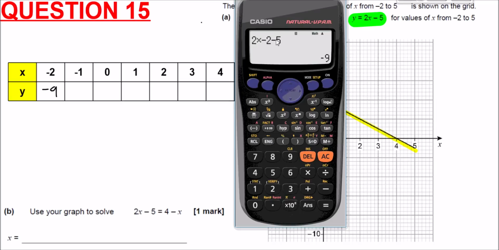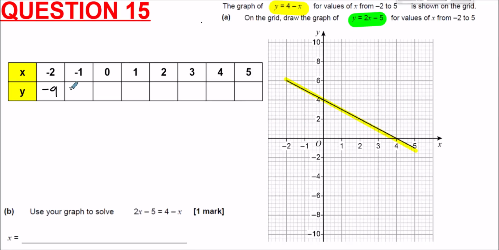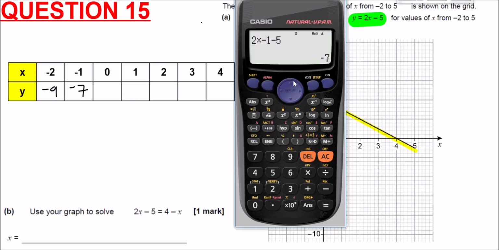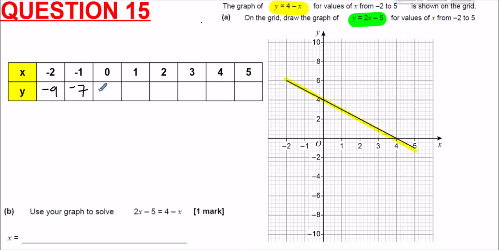When x is minus 1, we can just take out minus 2 and put in its place minus 1, and we get minus 7. When x is 0, take out minus 1, put in its place 0, and we get minus 5. So we can keep doing this for all the different values of x we need.